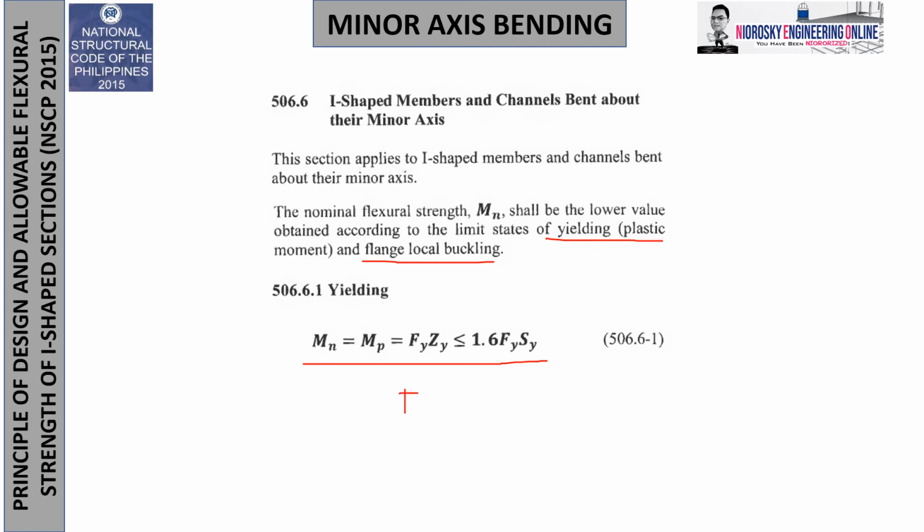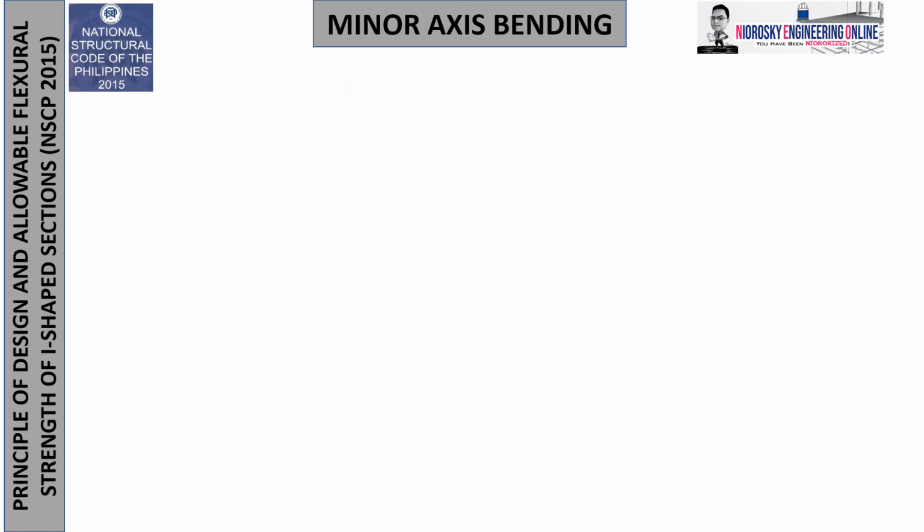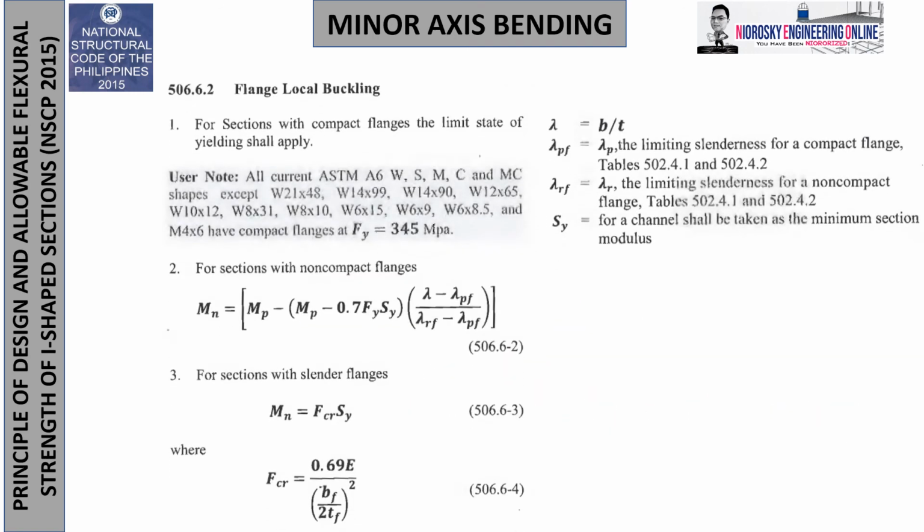Therefore, if Fy Zy becomes more than 1.6 Fy Sy, then your Mn is simply 1.6 Fy Sy. Because here, if you follow this, this is your Mp value. Your Mn is Mp, which is Fy Zy, according to the weaker dimension. And for flange local buckling, as mentioned, here is how to compute it.